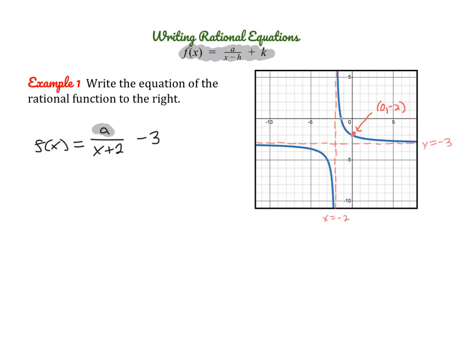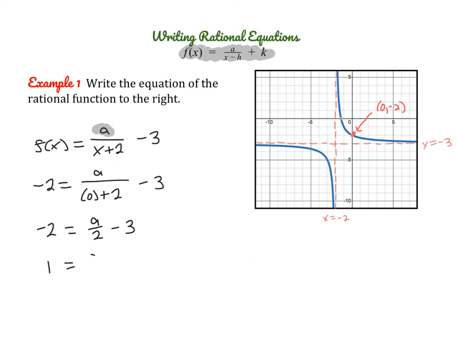So f of x becomes -2 equals a over, remember our x value is 0. So we have 0 plus 2 minus 3. And now we can start solving for a. So here, if we simplify, it's a over 2 minus 3. So let's add 3 to both sides.